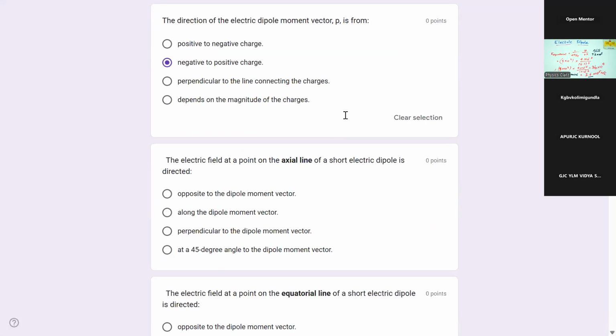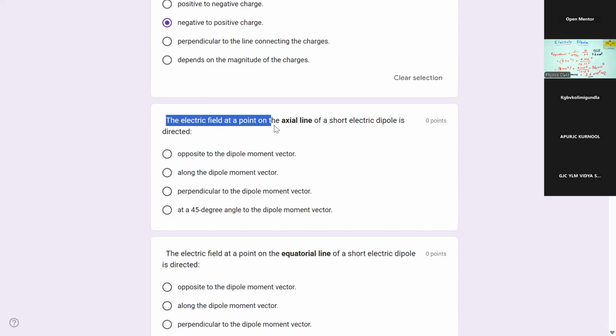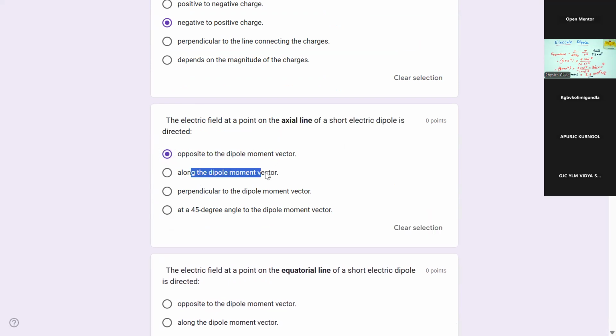Second question: the electric field at a point on the axial line of a short electric dipole is directed opposite to the dipole moment vector, along the dipole moment vector, perpendicular to the dipole moment vector, or at a 45-degree angle to it. As I already told you, the axial line is the line that goes through the axis of the dipole.